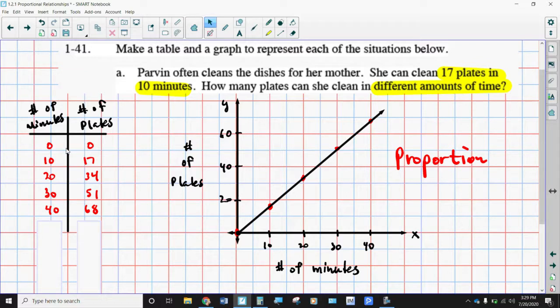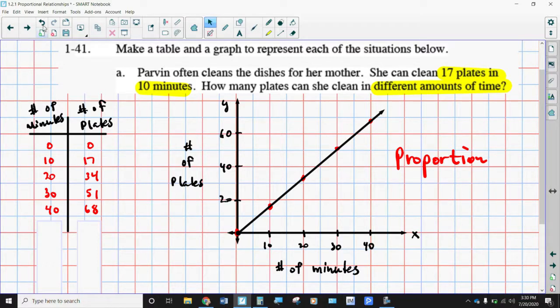In this situation, and what we're going to work on more in 8th grade problem solving and graphing, you're trying to see one thing has an effect on the other. And a lot of times it doesn't make any difference. But in this case, we're trying to see how time affects the number of plates that Parvin is able to clean. So we want the time on the x-axis, and the number of plates is what you call your dependent variable, which would go on the y-axis.